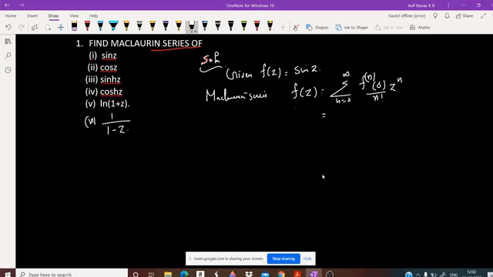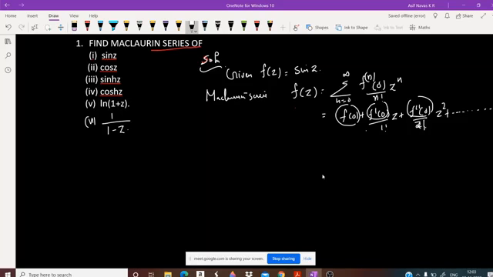So this is equal to f of 0 plus f dash of 0 by 1 factorial z plus f double dash of 0 by 2 factorial z square plus etc. Okay, so now if we find f of 0, f dash of 0, f double dash of 0, f triple dash of 0, etc., and if we substitute them here, we will get the Maclaurin series of sin z.